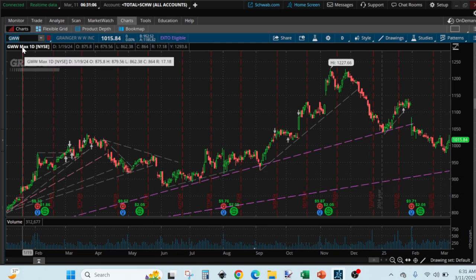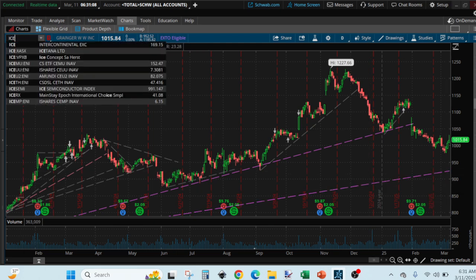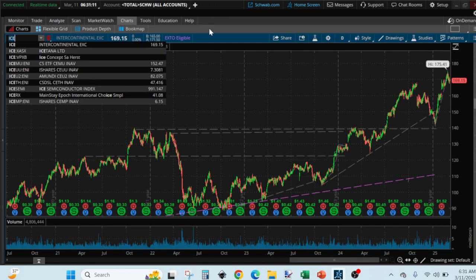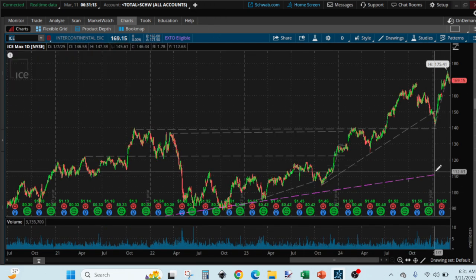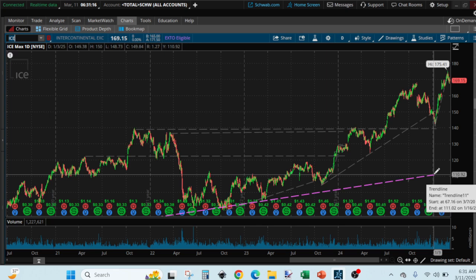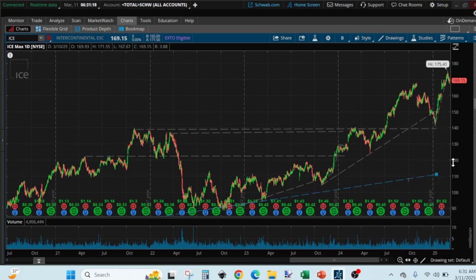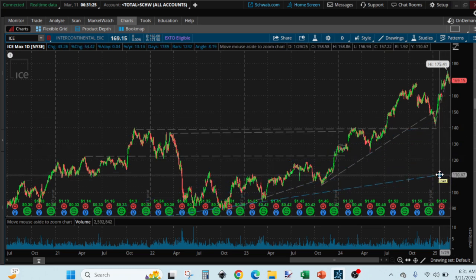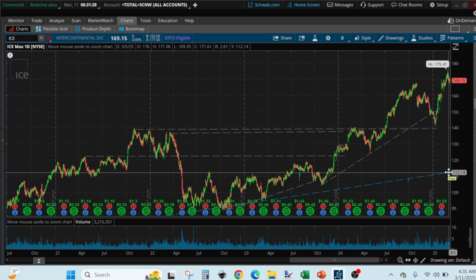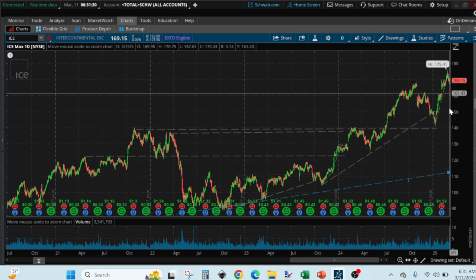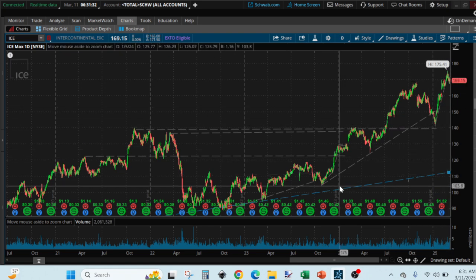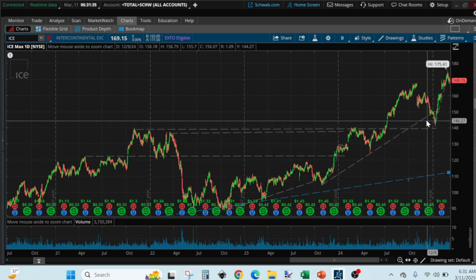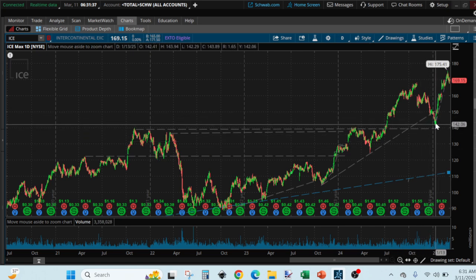So then the last one we'll analyze in this video is ICE. So ICE, we have this trend line to buy at, but right now it's higher up, and yesterday the price went down. You can see the closing price was highlighted in red. If I can pull my standard line here, but it has no way to go there, and right now it is following this trend line, this short up trend line here.